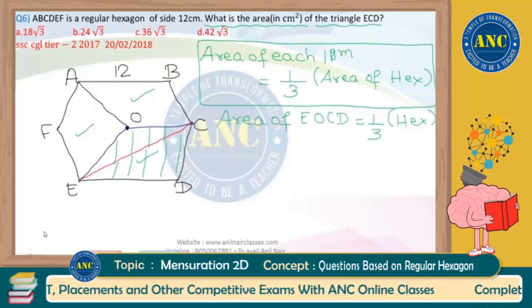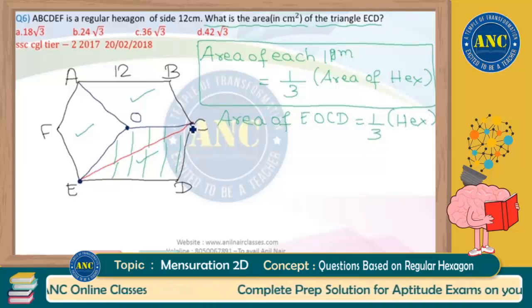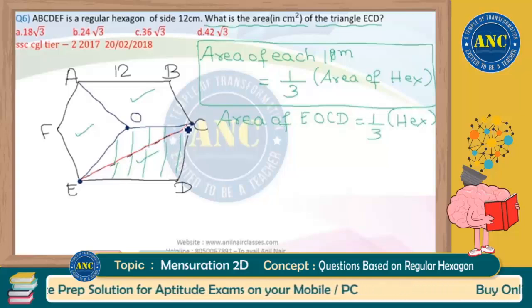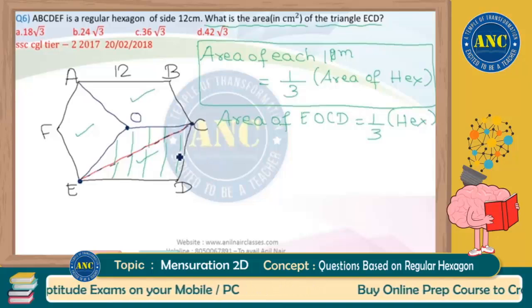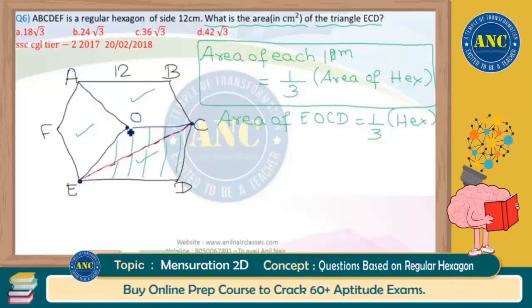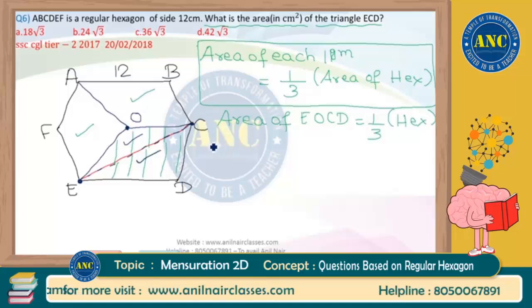Now, EC is the diagonal of this parallelogram, and it will divide parallelogram EOCD into two equal triangles. So the area of the entire parallelogram EOCD is 2 times the area of EOC, or 2 times the area of ECD.